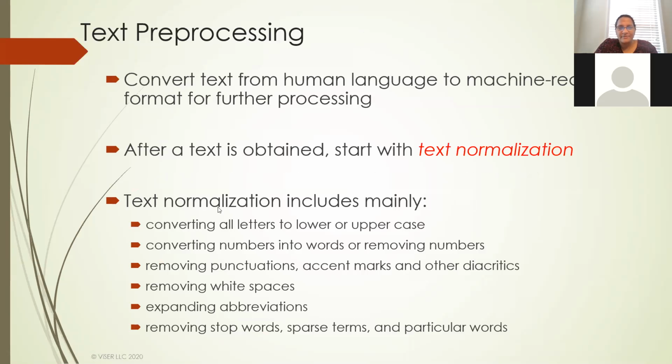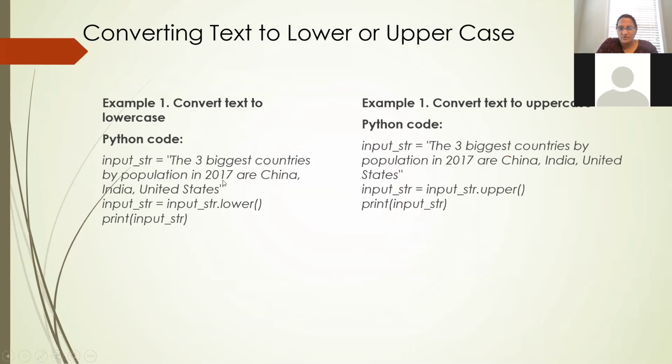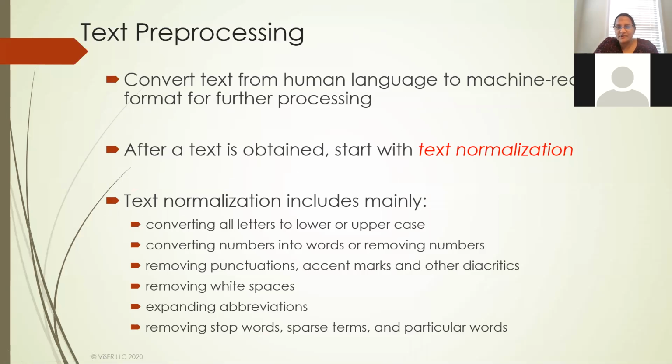So basically, text pre-processing is a step done before you start applying your machine learning algorithms. And you will see that many of the text insights start coming even when you do pre-processing.